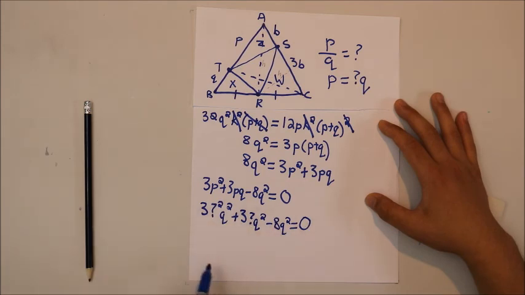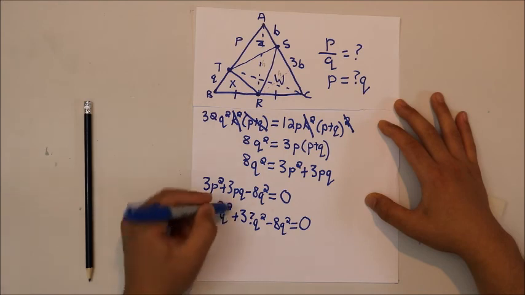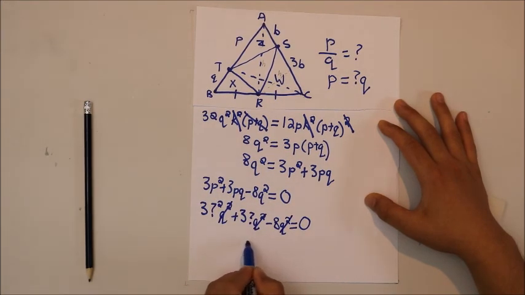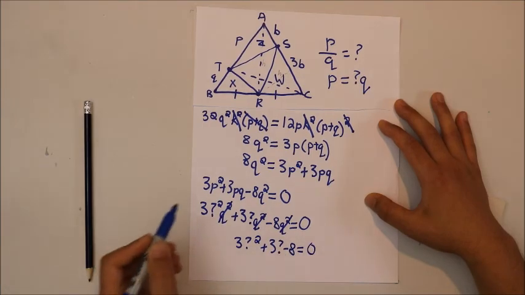Now we can see what we need to divide by next a lot more easily. All three terms have a Q squared, so if we divide the whole thing by Q squared, we can just get rid of it. And now we're left with 3 question mark squared plus 3 question mark minus 8 is equal to 0.